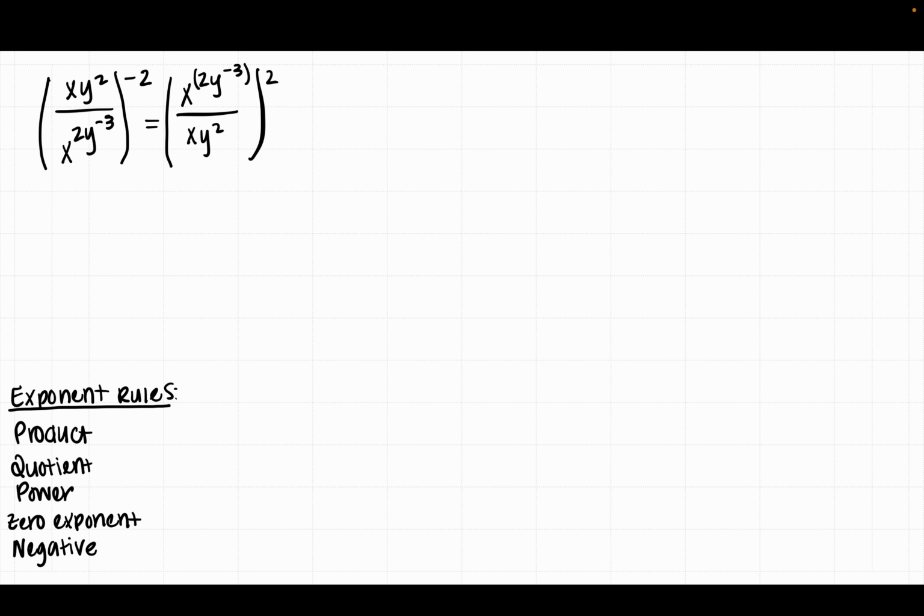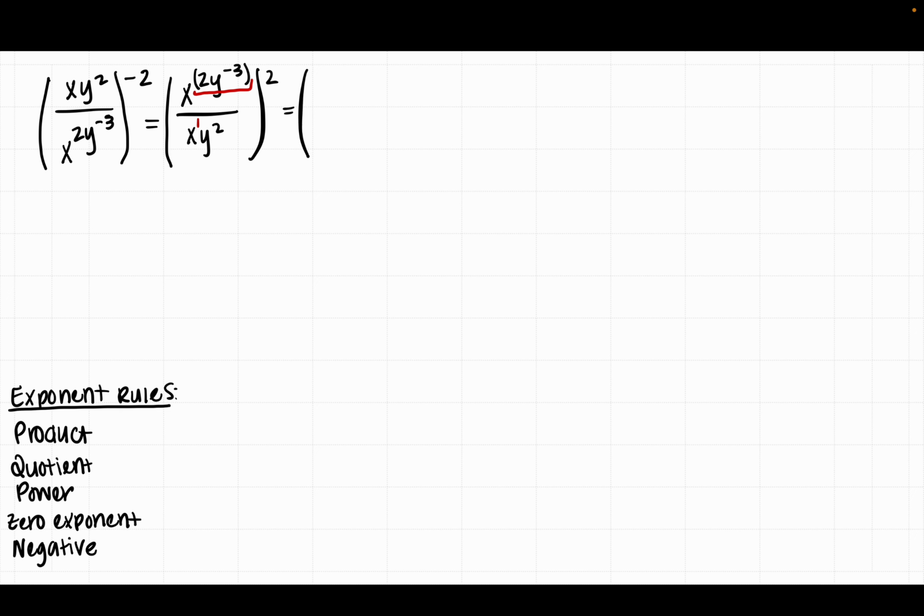And the next thing that we're going to do is use our quotient exponent rule, and this allows us to subtract our exponents. So we're going to do that for the x's. x is raised to this big thing, and then this x in the denominator is raised to the 1, understood 1, right? And now we're going to simplify further.